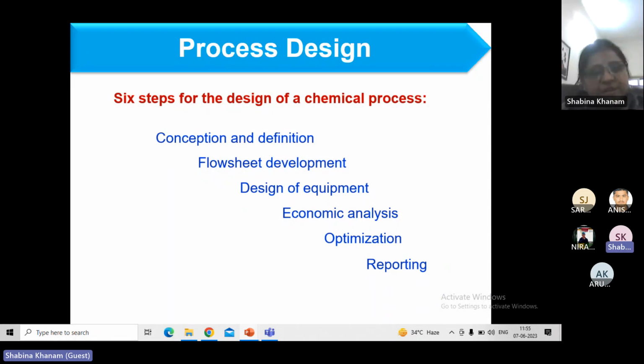Whatever design you have done previously, in the last semester, if you recall, dimensions were already available with you. If you need to design a tall vessel or a pressure vessel, for that the dimensions you already have, that could be your diameter, whatever. But here you will decide those dimensions. So this course will particularly deal with that concept of design. So you have a flow sheet, you have already decided the equipment, then you can design.